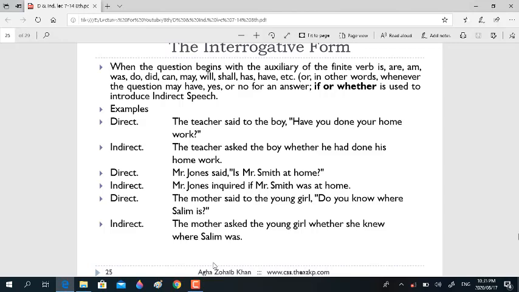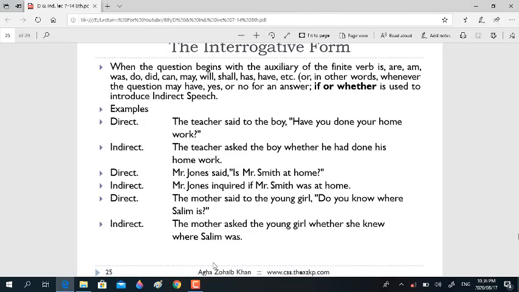Second sentence: she said to me, are you going to Islamabad? Third sentence: the teacher said, where does he live these days?